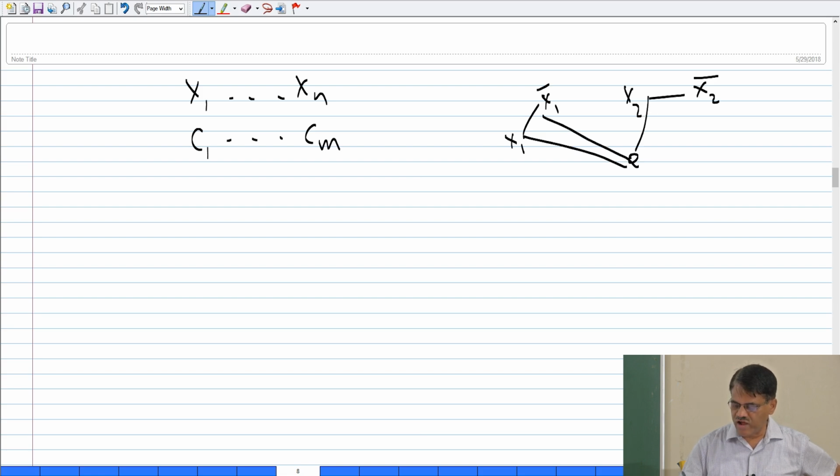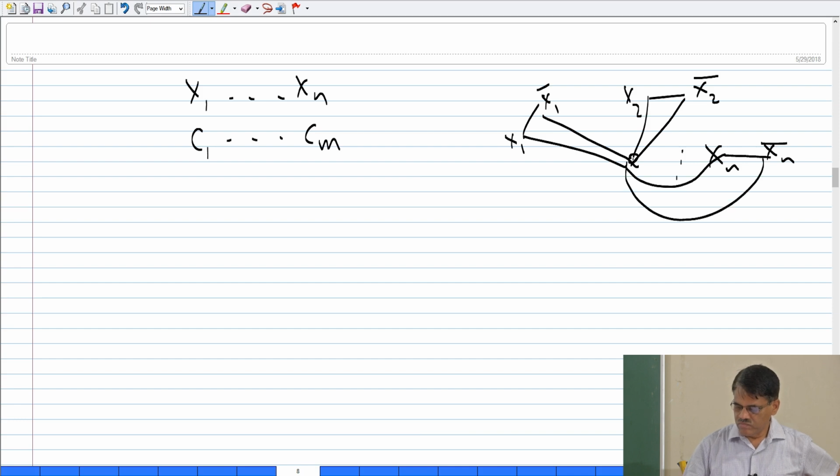These are vertices of the graph. To start with, just by looking at the variables, these are my vertices of the graph.